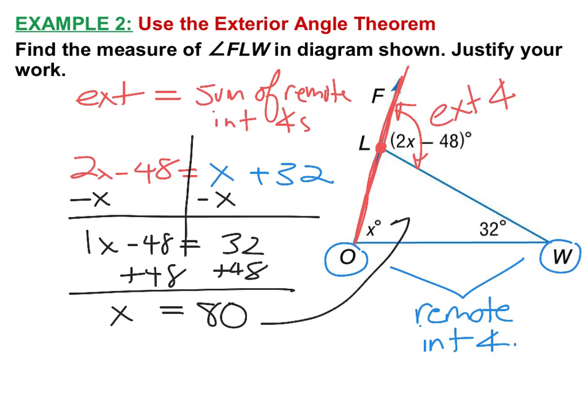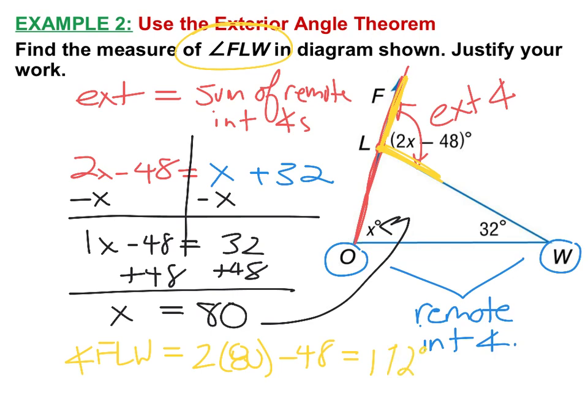We need to find the measure of angle FLW. FLW is this angle right here, which is 12x minus 48. So we can say 12 times 80 minus 48. You should be doing your calculations on the calculator to make sure you're getting the same answer as we are. That is 112, and that is the measure of FLW.